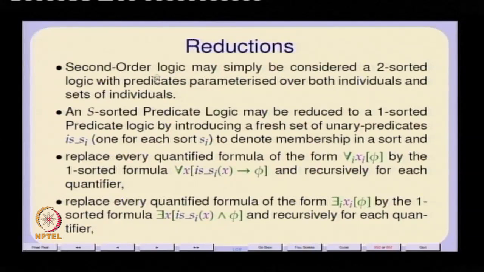And therefore, it is possible to show that any second order logic may simply be reduced to a first order logic in this two step reduction. So, there is a two sorted logic which is in turn reduced to a one sorted logic by expanding the signature to include these membership predicates, or type properties, if you like.